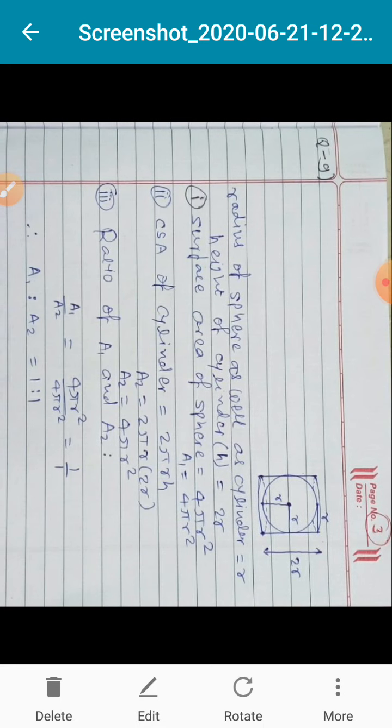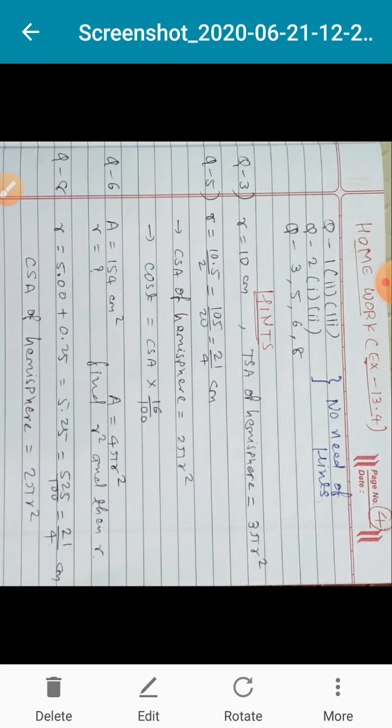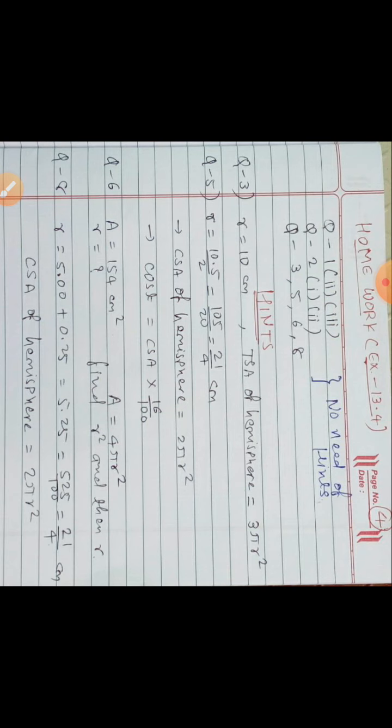So A is equal to 154 centimeter square. So use A equal to 4 pi r square. Why? It is a question regarding a sphere, not a hemisphere. So find r square and then r. First of all you have to find r square, and why r square? Because in the formula it is not r, it is r square.